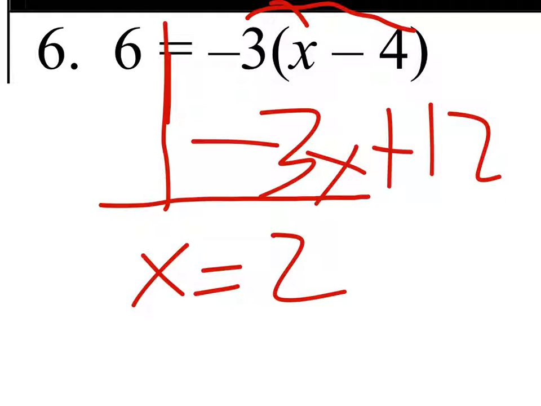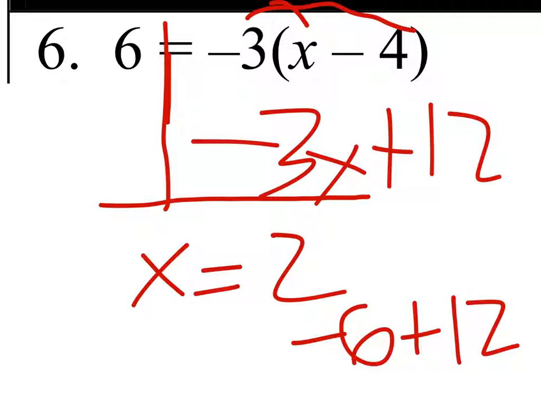How'd you get that? I don't know. Just kind of showed up. You cheated? No? Well, how'd you get it then? I don't know. Because you'd multiply x by negative 3, which would get you negative 6. And then you'd add that to 12, equaling 6.